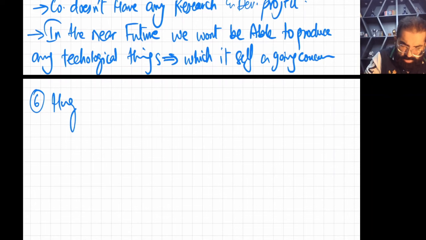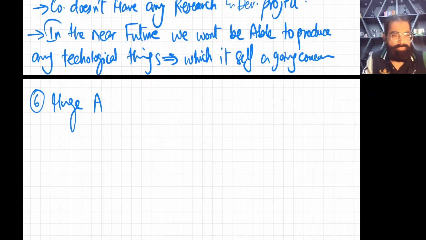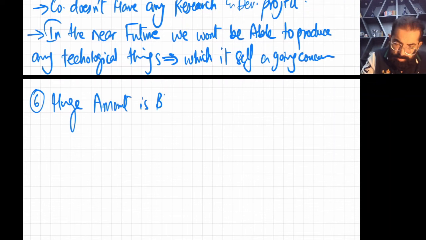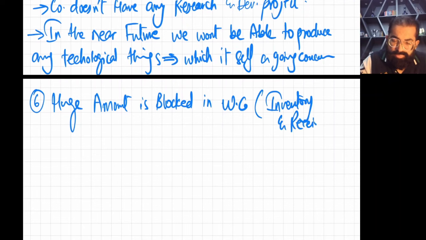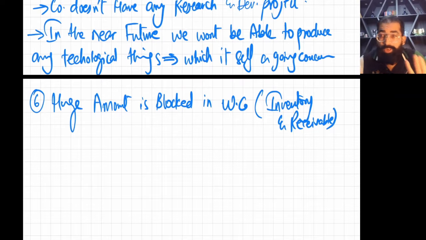A huge amount is blocked in working capital, inventory and receivable. The reason is, let me give you the logic. Be active.